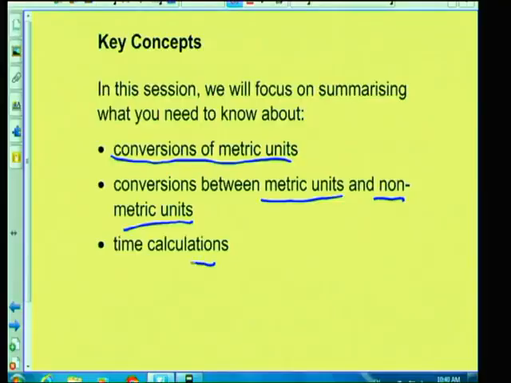I don't know why, because metric is so much easier, but for traditional reasons, in some parts of Europe and some parts of the United States, they use the imperial measures. And even then, they adjust things to suit themselves, and it becomes a huge discussion. In science, we have standardized those measurements to a large extent, but in common usage, most people still use what they've traditionally used. We're also going to look at some time calculations.